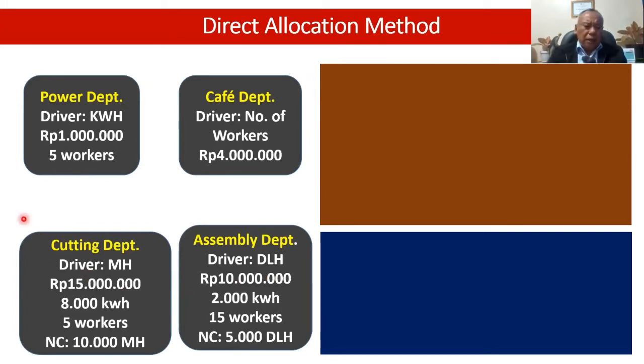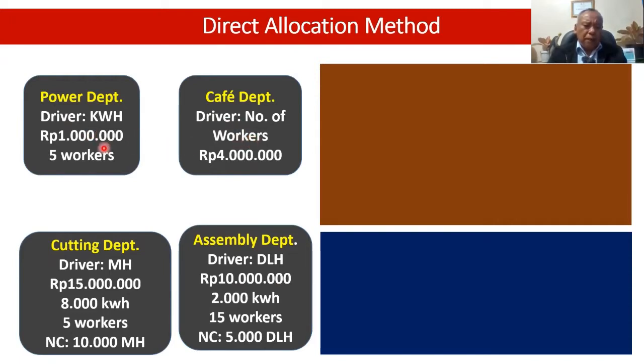After we find the drivers for each department, the next step is to allocate the factory overhead cost to each department.